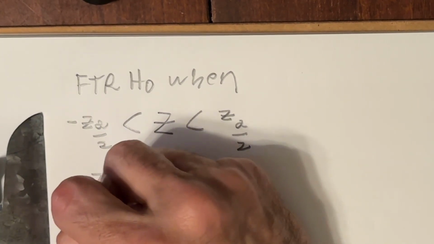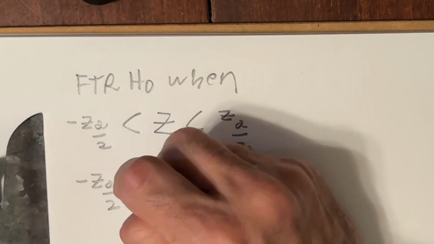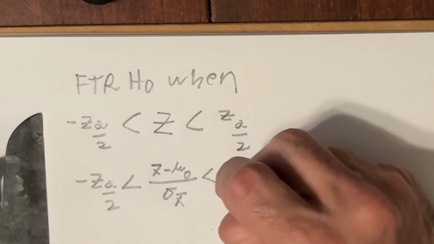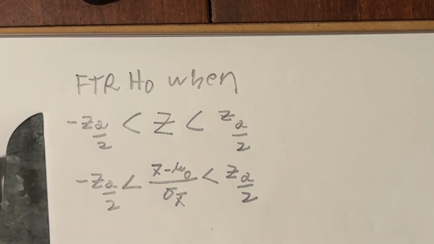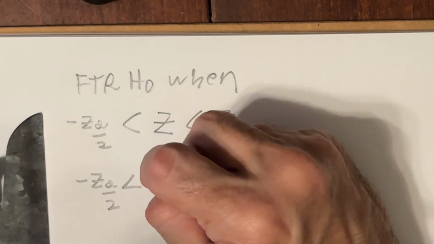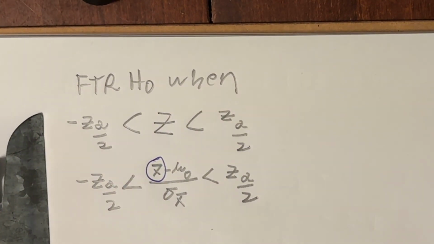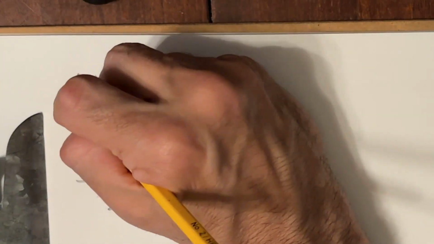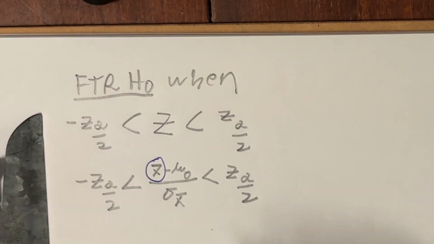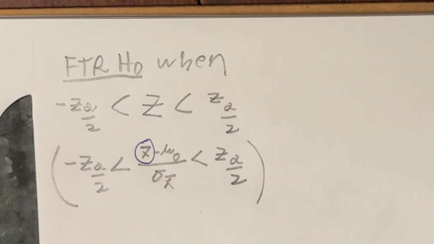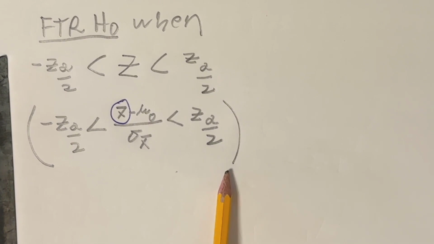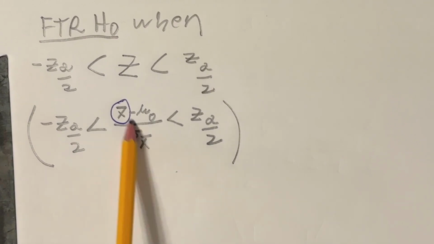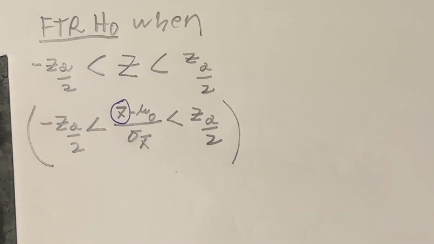And we have negative z sub alpha over 2. And we have positive z sub alpha over 2. And what we want to solve is for this x bar over here. So how are we, and don't forget, this is when we fail to reject the null. So how are we going to do this? Well, I'll give you a little hint. First thing you're going to do is put parentheses over here. And then you're going to pause the video and see if you can figure out what the first step in solving for x bar is.